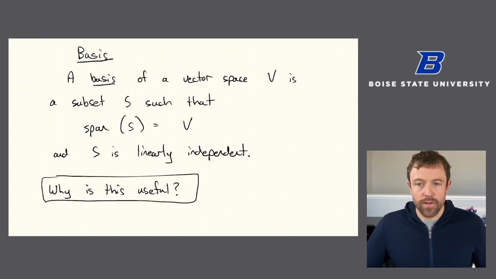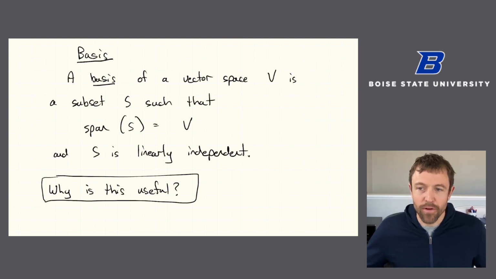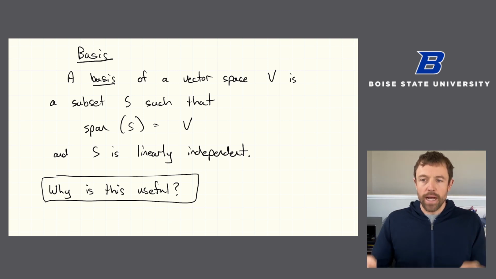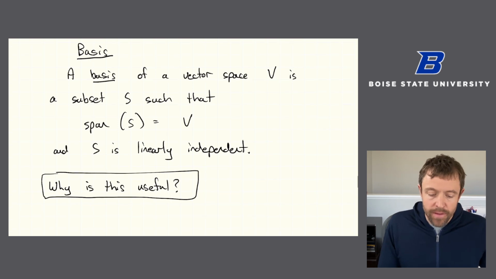Why is this useful? I put this here because it was really more for myself than for you. I'm going to say it, but I wanted to make sure I didn't miss this in making the video. Why is it useful to have a set with this property? And this is worth thinking about.